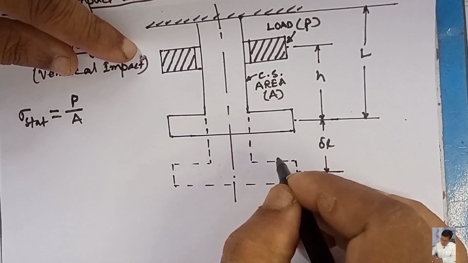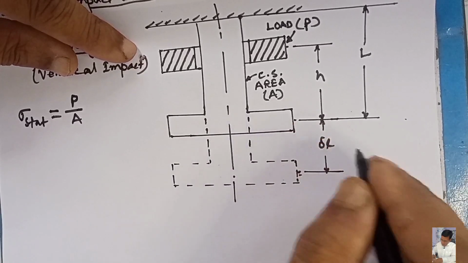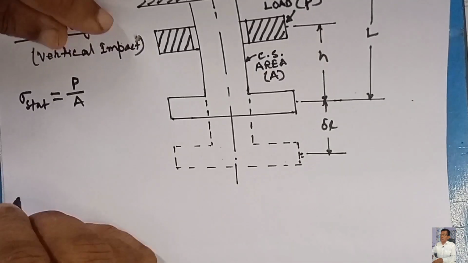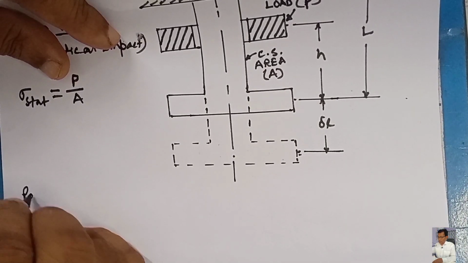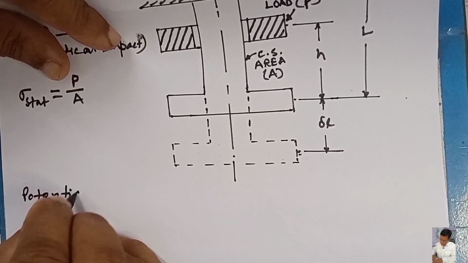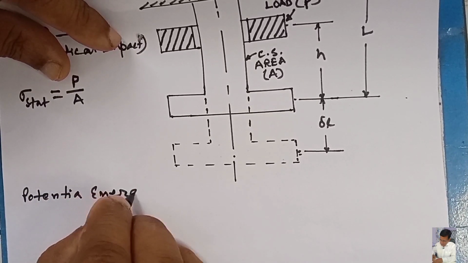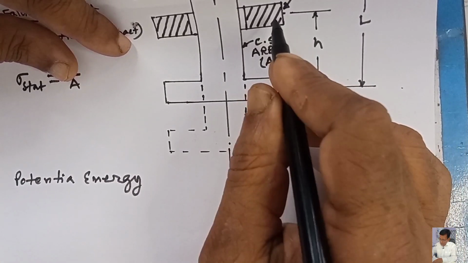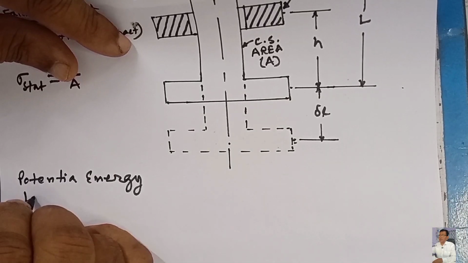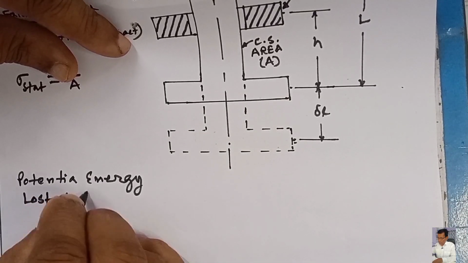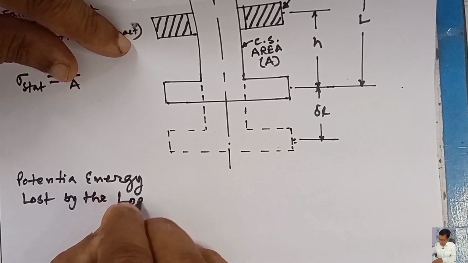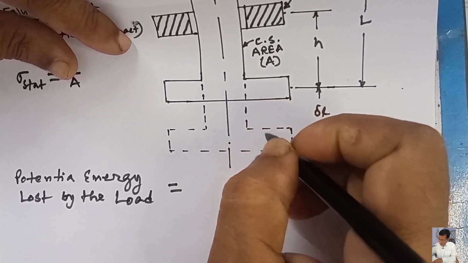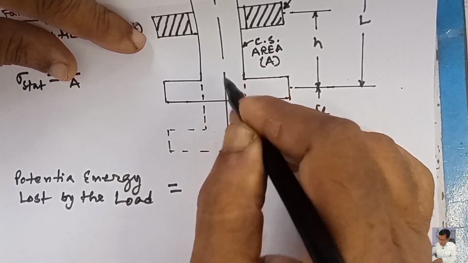Let for the impact the rod extend by del L. So potential energy lost by the load is equal to strain energy stored in the rod.